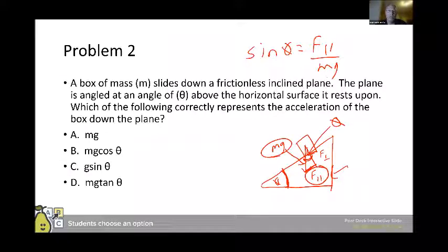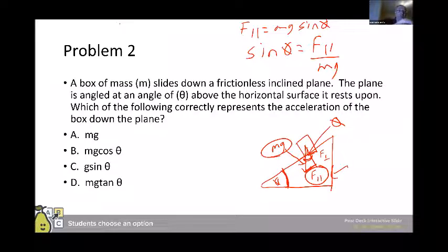I'm going to rearrange that just a little bit for F parallel. So that's my parallel component of the weight, and that is the net force acting along the plane.